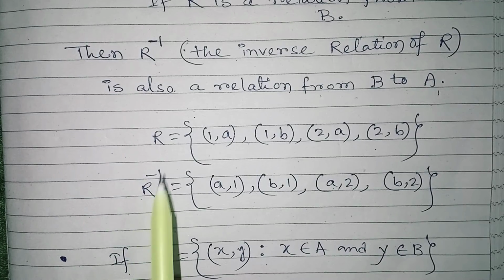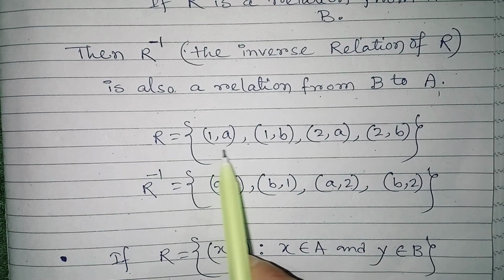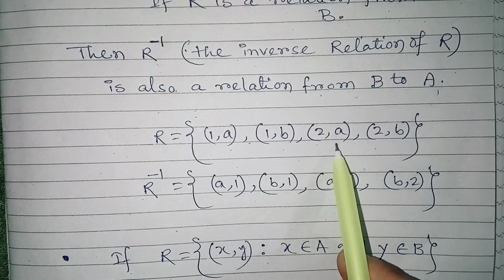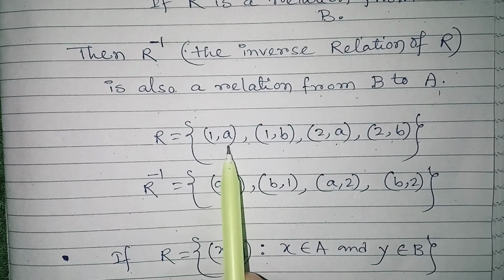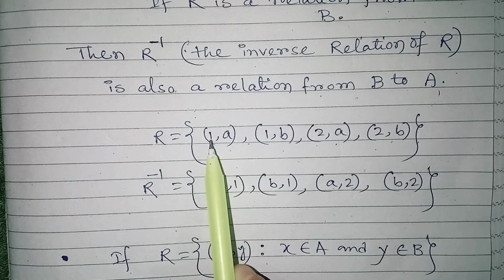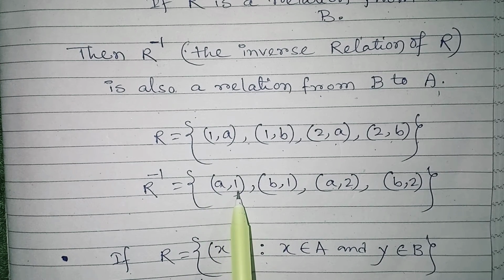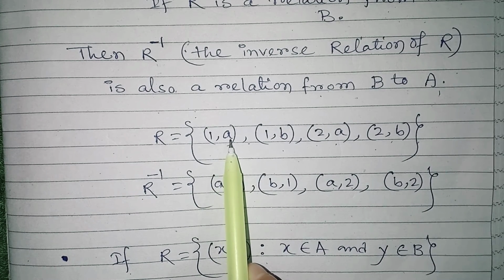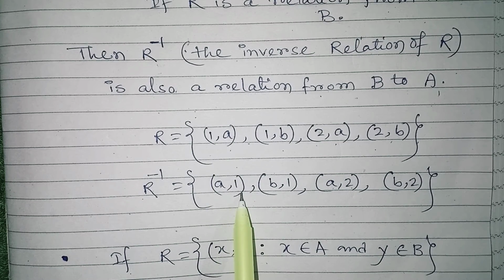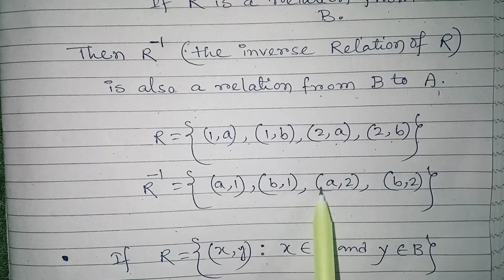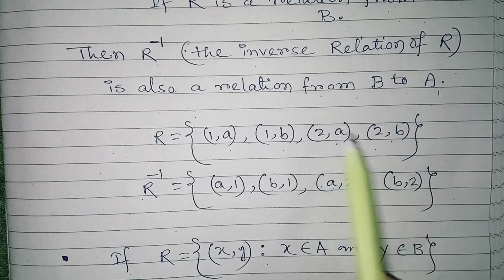If I give you an example, suppose R is 1 comma a, 1 comma b, 2 comma a, 2 comma b. Then R inverse must be its opposite. That means the domain of R will be the range of R inverse, and the range of R will be the domain of R inverse. So 1 comma a becomes a comma 1, b comma 1, a comma 2, b comma 2.